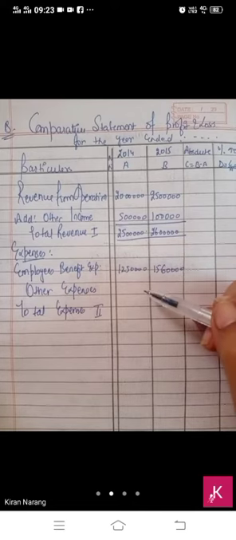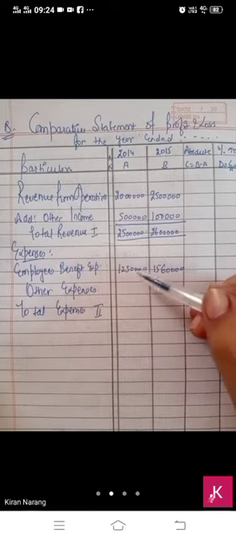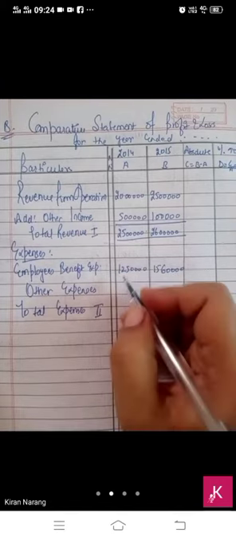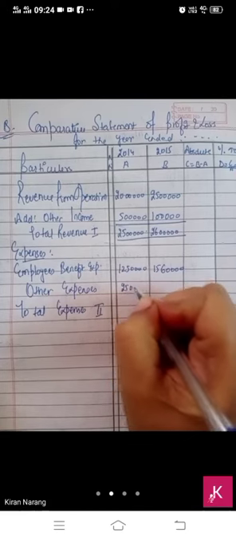Now talk about other expenses. In the first year, 20% of employee benefit expenses. We have to calculate 20% of this 12,50,000, it will be 2,50,000.